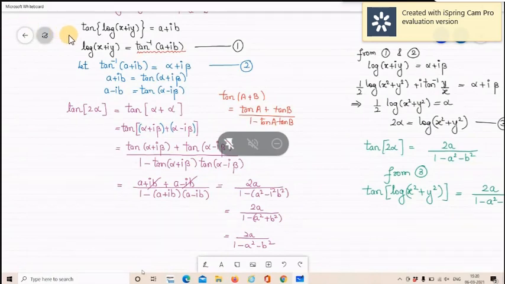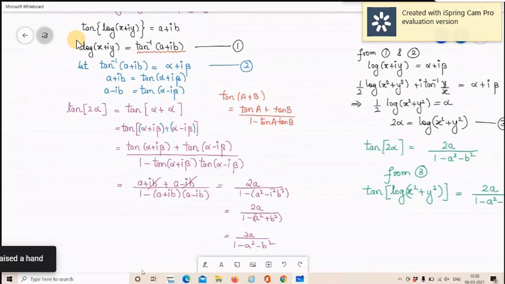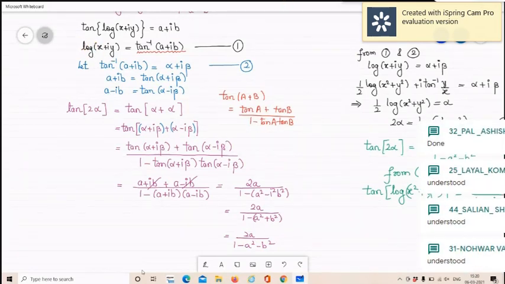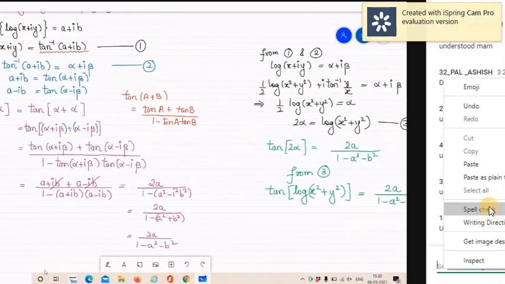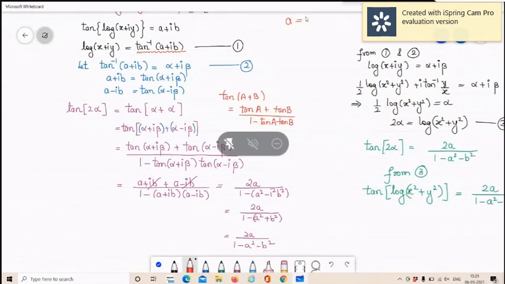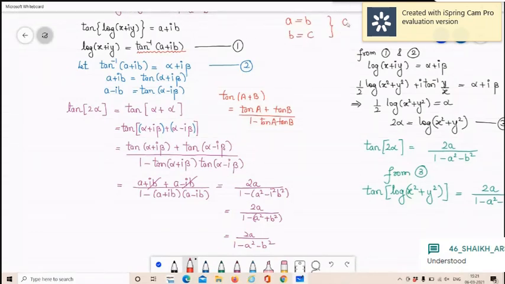Yes, anybody has any doubt? Few of them have already written, understood. Ma'am, yes. Understand equation 3 once again. Look, understand in a very simple way. If we write A is equal to B and B is equal to C, so can I write A is equal to C?